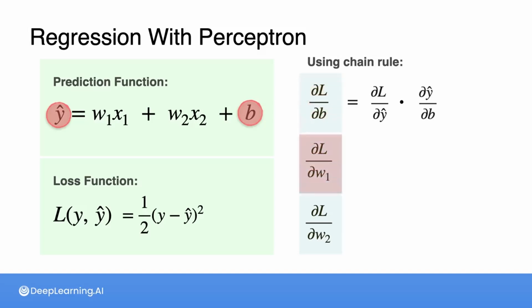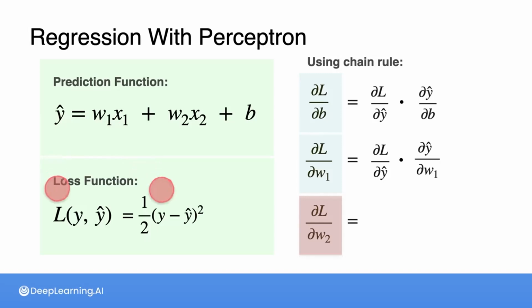And the same thing happens for ∂L over ∂W1. L depends on ŷ, so we have ∂L over ∂ŷ, and ŷ depends on W1, so times ∂ŷ over ∂W1. And the same thing for ∂L over ∂W2: ∂L over ∂ŷ, as L depends on ŷ, times ∂ŷ over ∂W2.